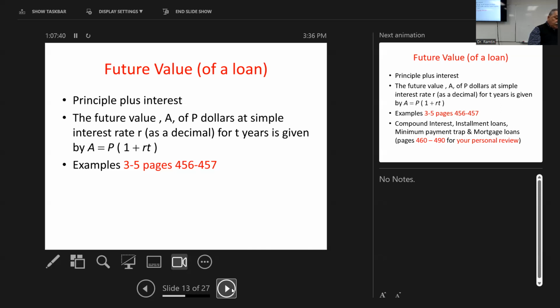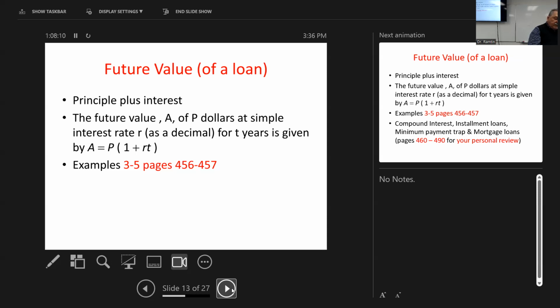So it's 2,000 equals P times 1 plus the rate. It tells you the rate is 4%, or 0.04, and you do the calculation in those parentheses, and you get 2,000 is equal to 1.08 P. You divide both sides by 1.08, so P is 1851.